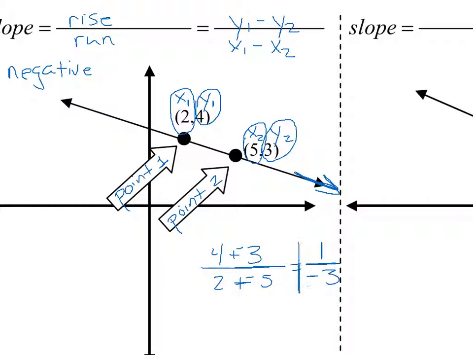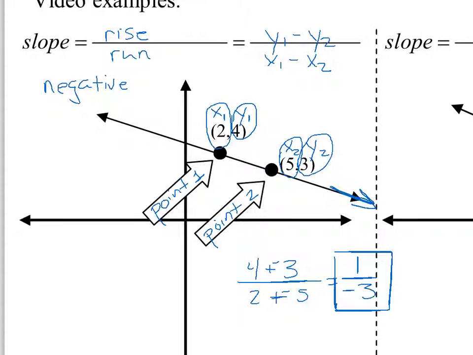So I have negative 1/3. Double checking. We went all the way back to what we wrote at the beginning. This slope was supposed to be negative. And we got a negative slope. That's a quick check. Okay, that's going to save ourselves from some of the mistakes.